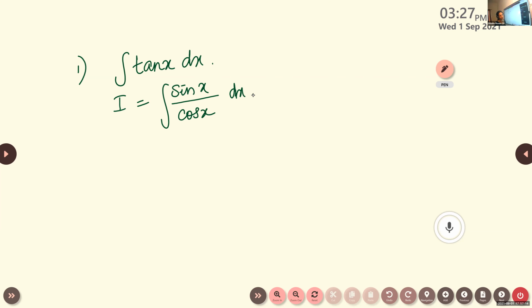In this period, we learned 3 formulas for integration. So which formula is applicable here? Look at the functions and we'll compare it with the formula.